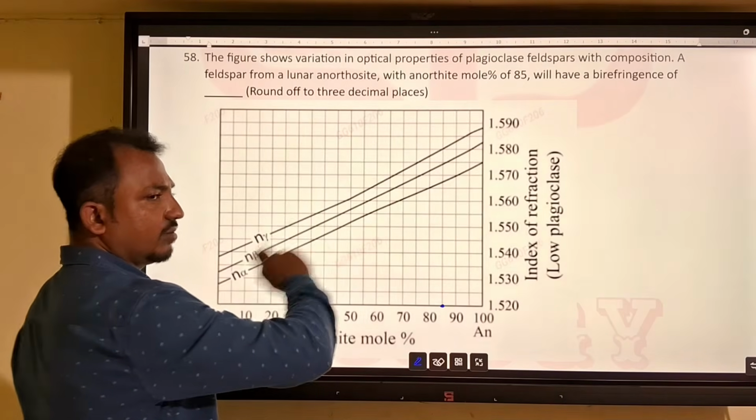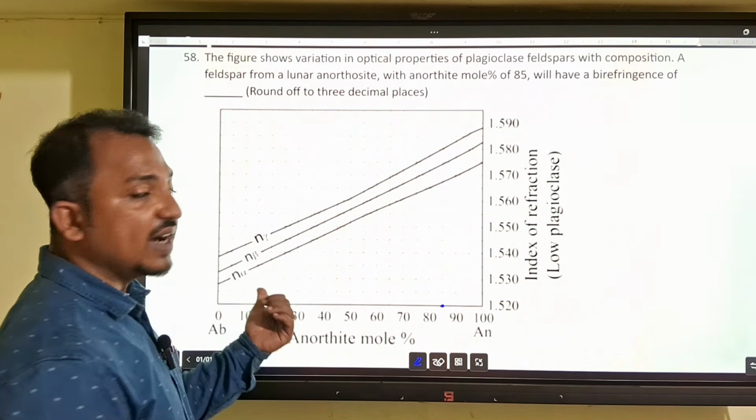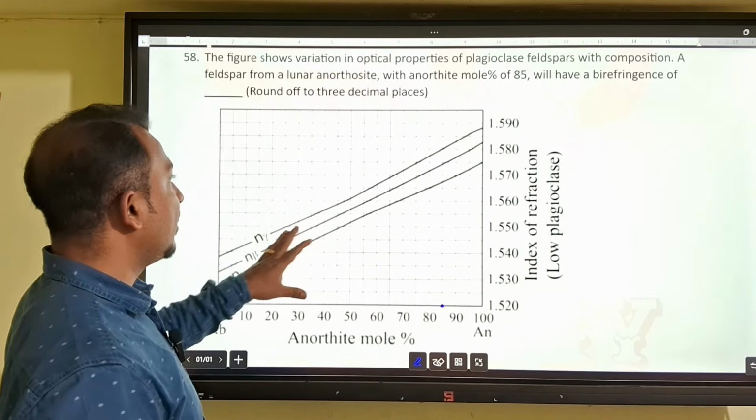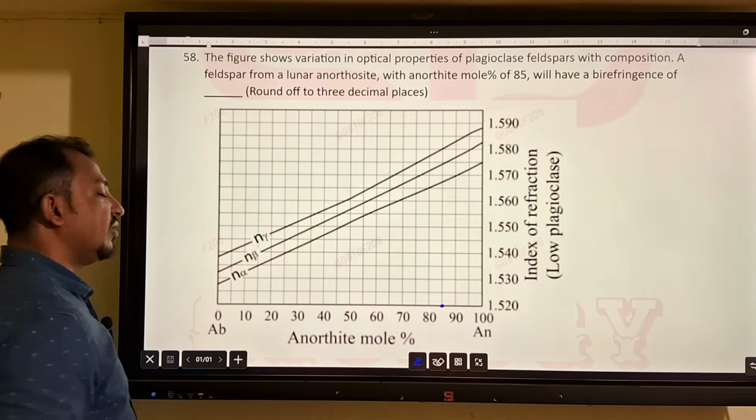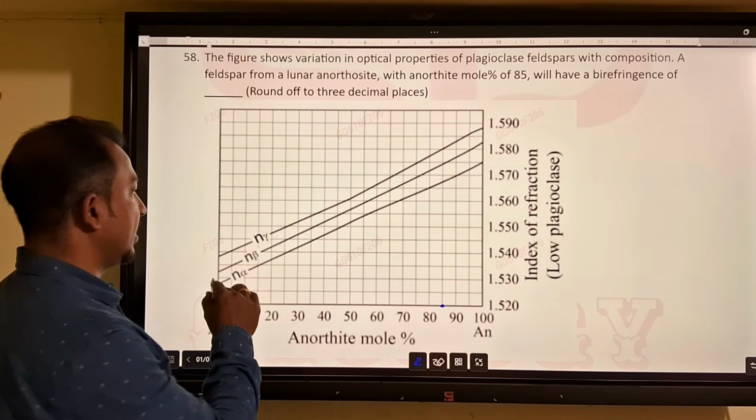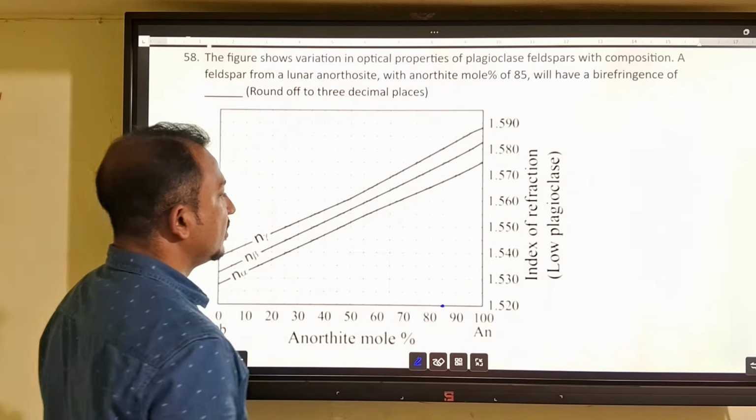This is given, the refractive index of plagioclase of different percentages. n alpha is the lowest and n gamma is the highest.